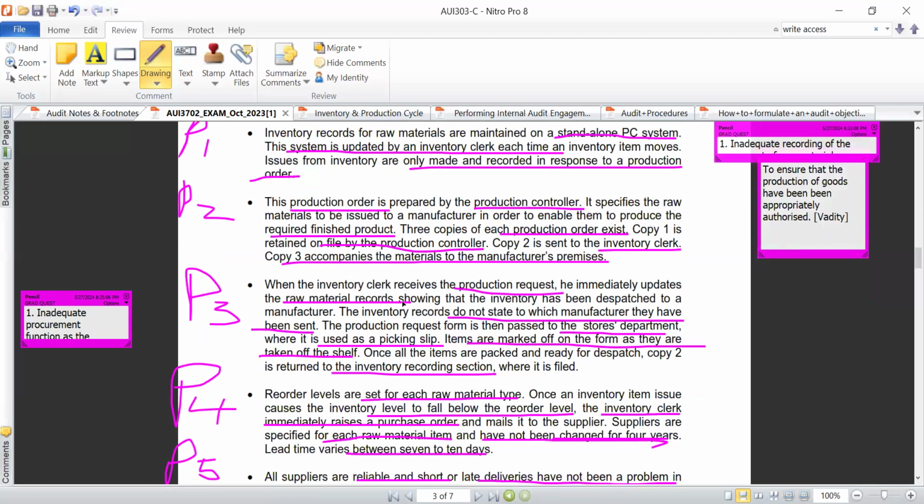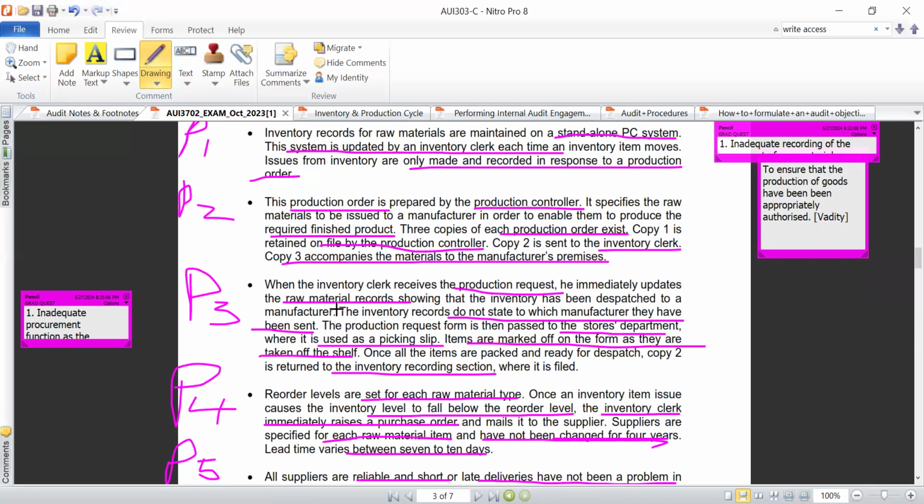Now, when the inventory clerk receives the production requests, he immediately updates the raw materials records, showing that the inventory has been dispatched to the manufacturer. So we know that it's possible that inventory can be dispatched to the manufacturer, but it may not be recorded, right?